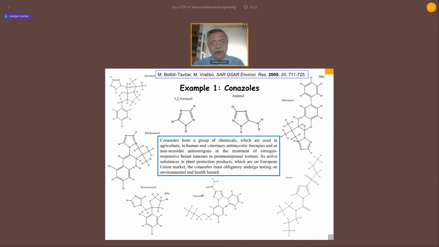This is now an example of our chemometrical data treatment of a set of conazoles. Conazoles, this is a group of chemicals which are used in agriculture and medicine, veterinary and human medicine, and they are very bioactive compounds.